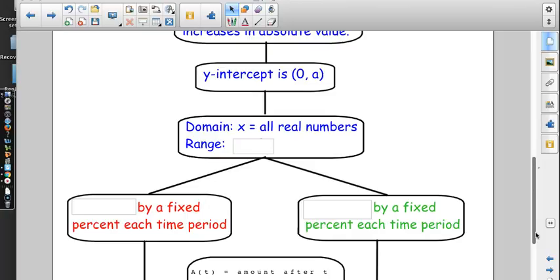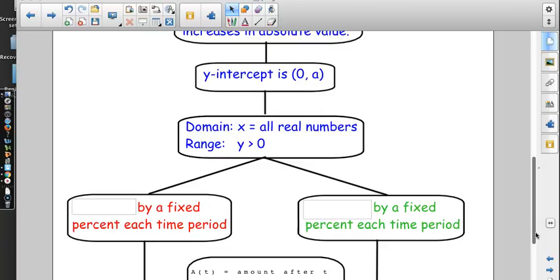For the ones that we were just graphing, we never went below the x-axis. So our y's were greater than or equal to 0. In this case, they're going to say y is greater than 0 because we want to get to that asymptote piece where we're saying, hey, it's never going to approach it. Now, if we have a k value to move it down, then that's going to change.